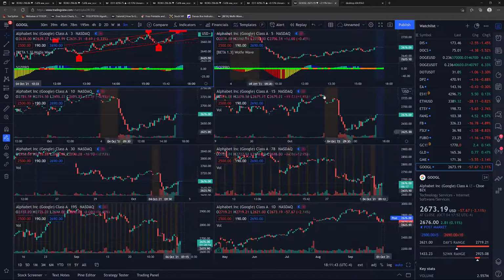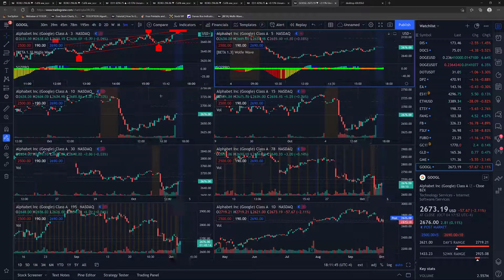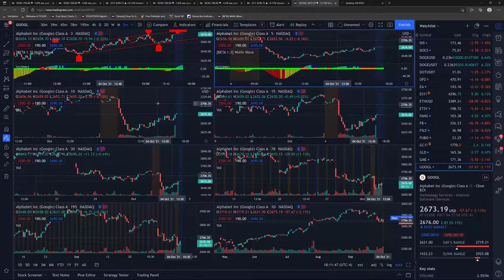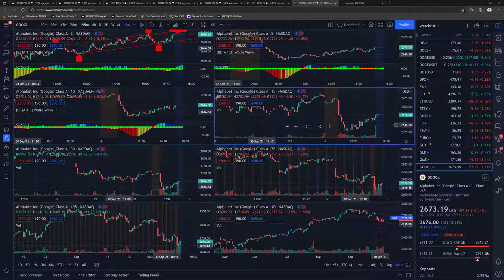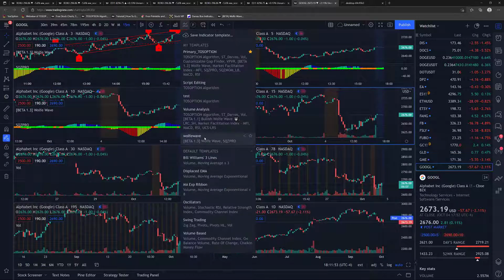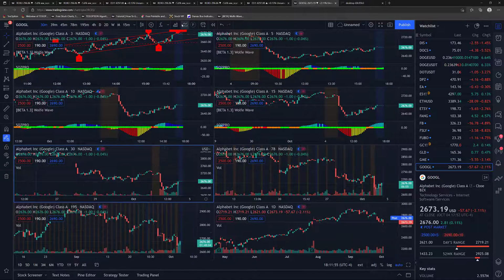Okay, so now I'm going to incorporate that template I made for all of these charts.